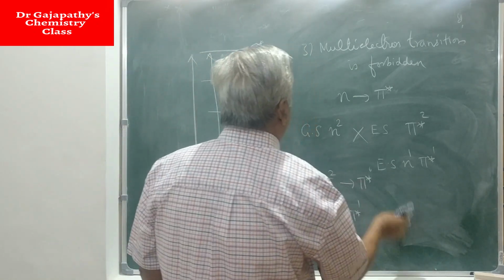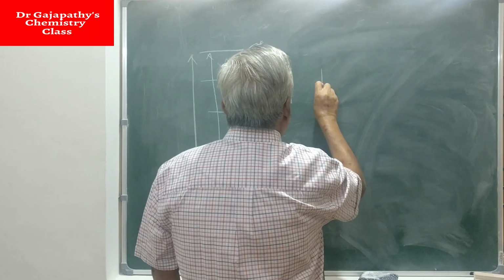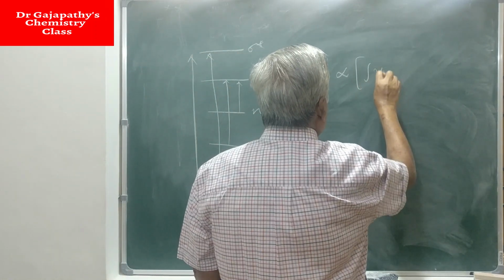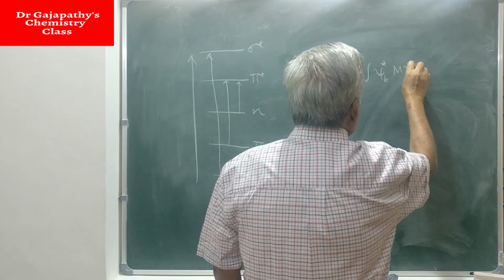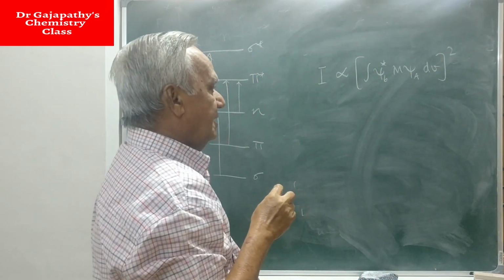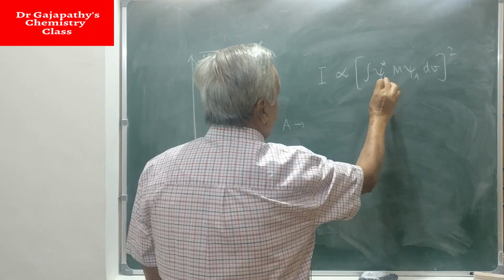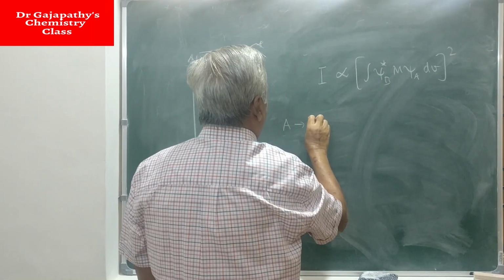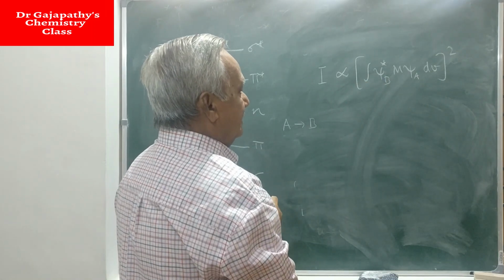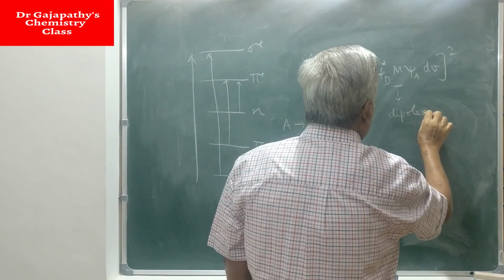Then, as far as the intensity of the transition is concerned, I is proportional to the integral considering a transition from an orbital A to an orbital B. So I indicate the intensity of the transition like this, where M is a dipole moment operator.